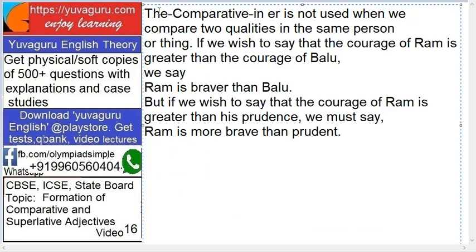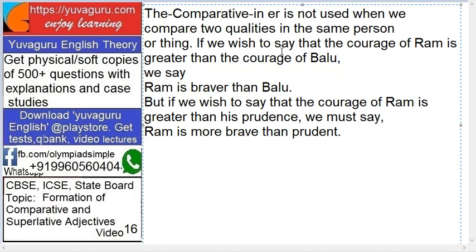Now next, the comparative in er is not used when we compare two qualities in the same person or thing. Means in the same person or same thing, if you are comparing two qualities, then you won't be using er. See this, understand this. Same person is important or same thing is important. Like, let's see these examples.